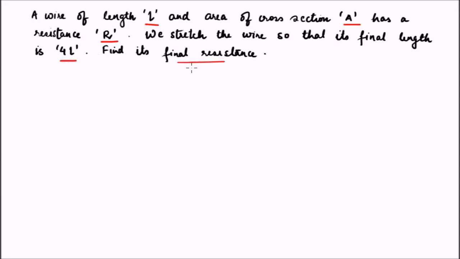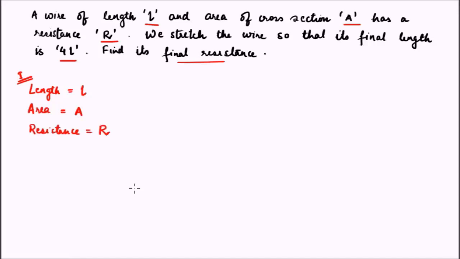So let us write down the given parameters. For the initial condition, the length is L, the area is A, and as a result my resistance is R.